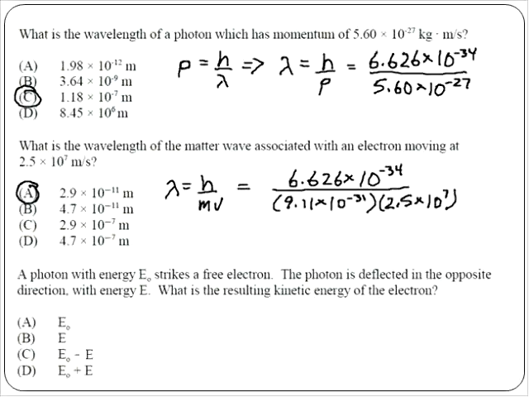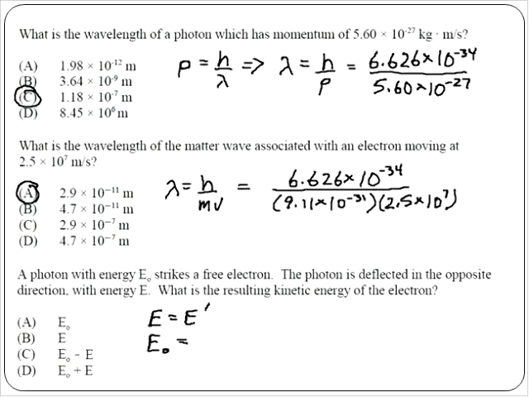The next one says we've got a photon with an energy E0 that strikes a free electron. So let's use energy conservation. Energy before equals energy after, which I usually write as E prime. So the energy before is just the photon.